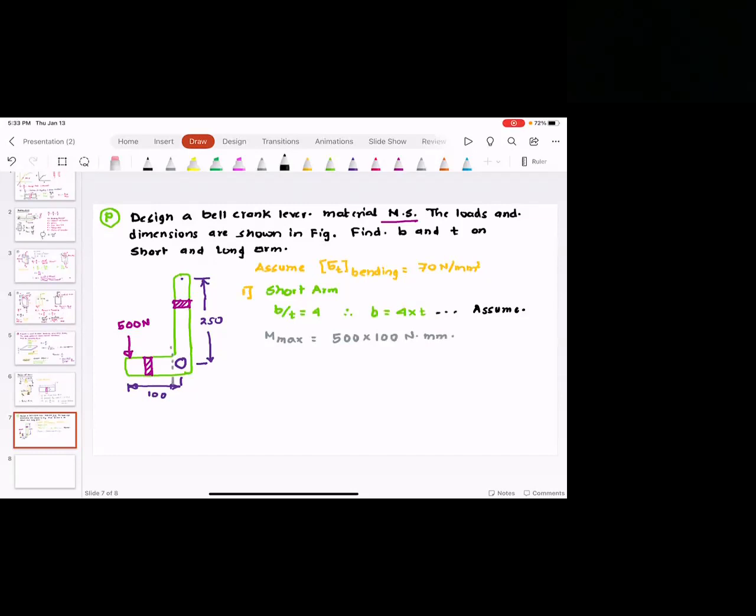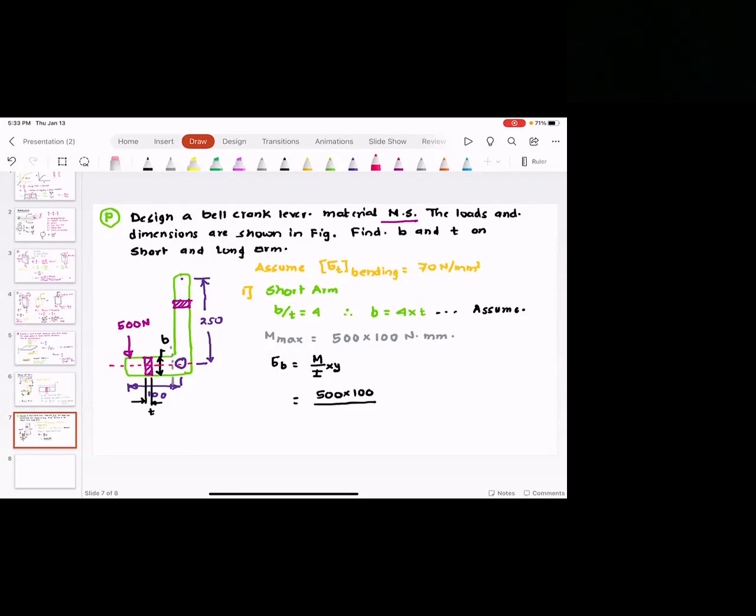Sigma bending is M divided by I multiplied by Y. So if this dimension is B, if this dimension is T, M is 500 times 100 divided by I, which is, now in this case, this is going to be super important. Check this out. This is the section where it is bending.